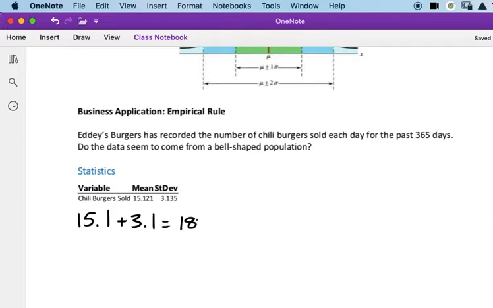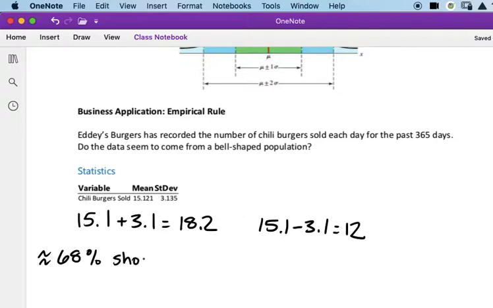So mean plus standard deviation is 15.1 plus 3.1, which is 18.2. And the mean minus the standard deviation is 15.1 minus 3.1, which is 12. So what this tells me is that about 68% of the values should be between 12 and 18.2.